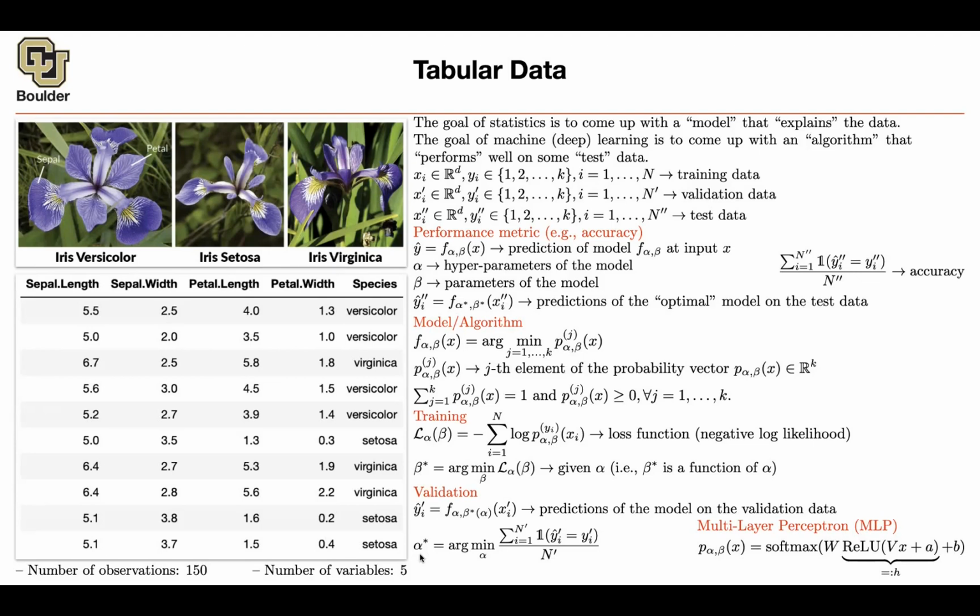Then you go ahead and say, maybe I need to change alpha. Maybe my network needs to be deeper, or maybe it needs to be wider. And then you keep doing that for multiple choices, and then you pick the best model, and you report its accuracy. And there was a question about whether ReLU of x is equal to the maximum of x and 0. The answer is yes.